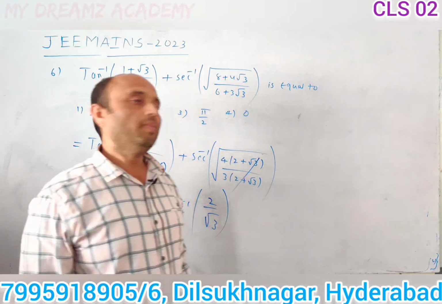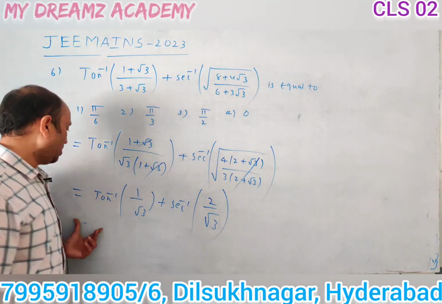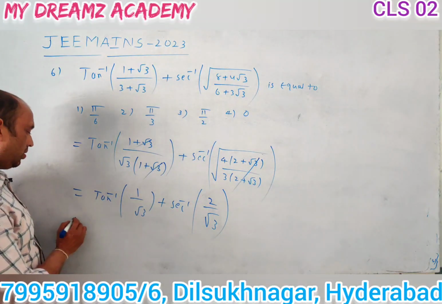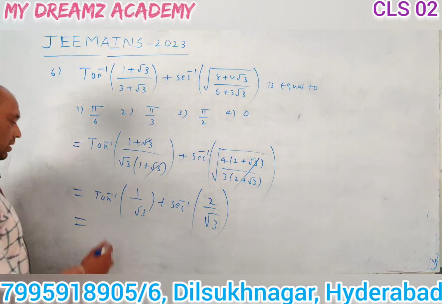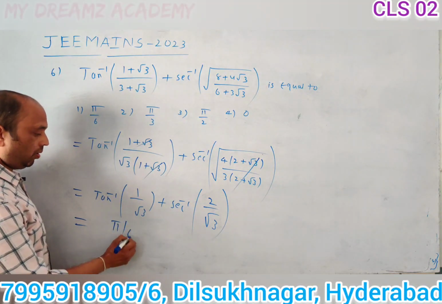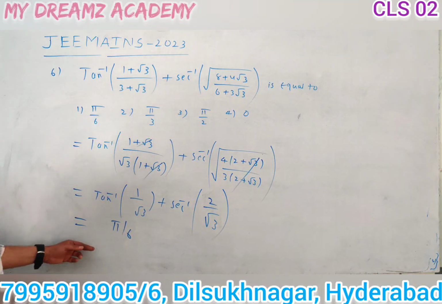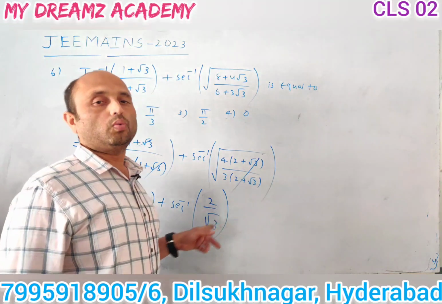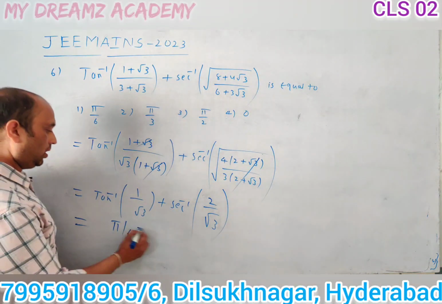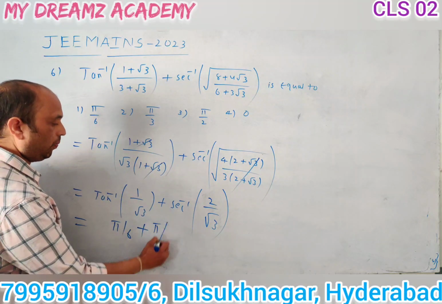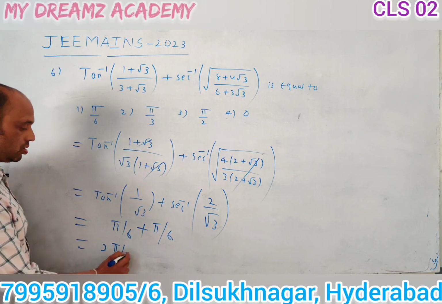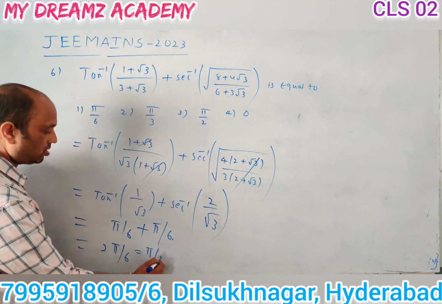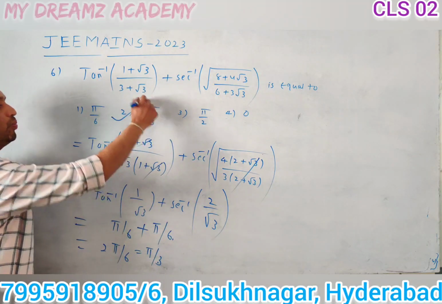We already know tan inverse of 1 by root 3 is tan 30, that is pi by 6. Secant inverse of 2 by root 3 is also 30 degrees, so pi by 6. So pi by 6 plus pi by 6 is 2 pi by 6, and the answer is pi by 3. The second option is true.